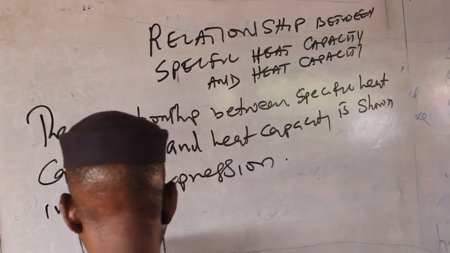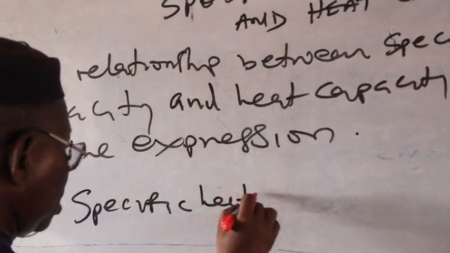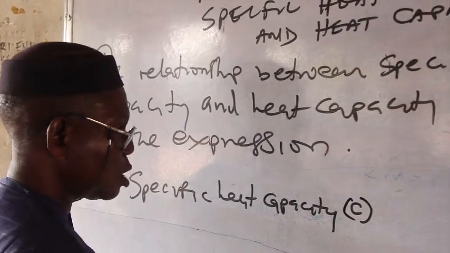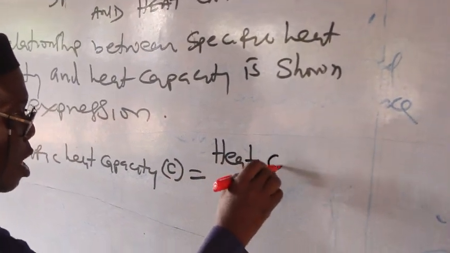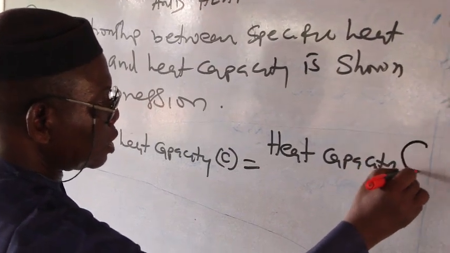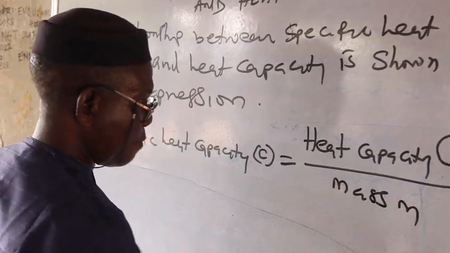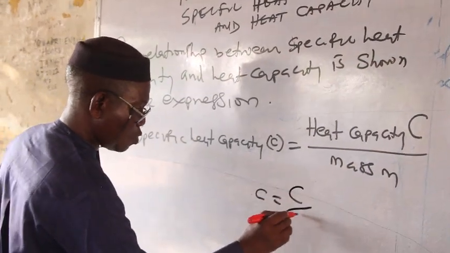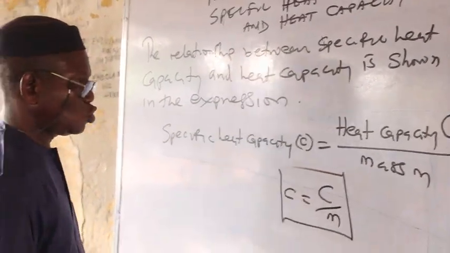Specific heat capacity, small letter c, equals heat capacity, capital letter C, all over mass m. In other words, c equals this all over m. That is the relationship between the two of them.